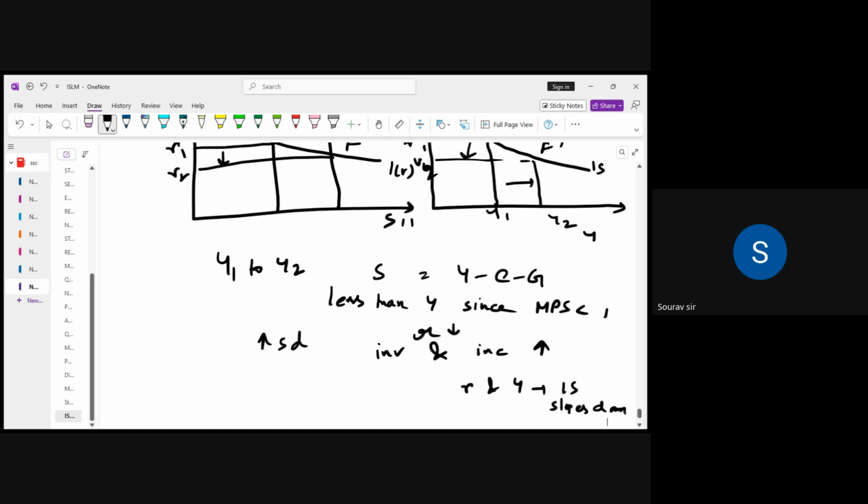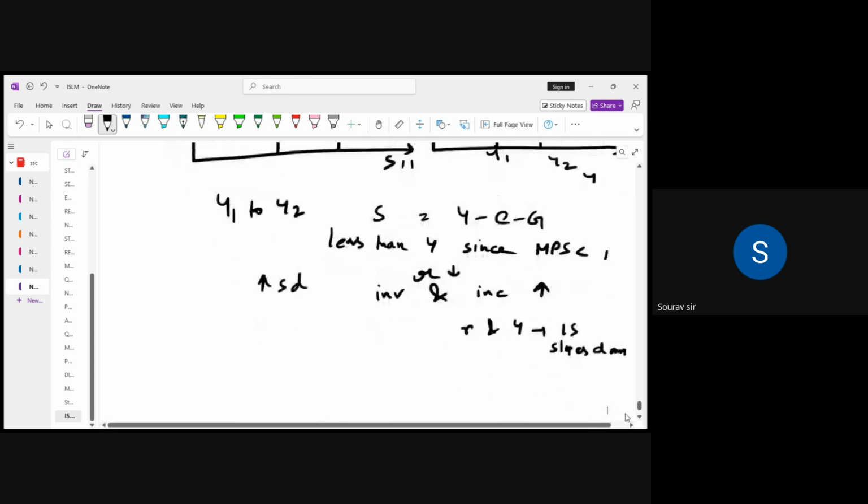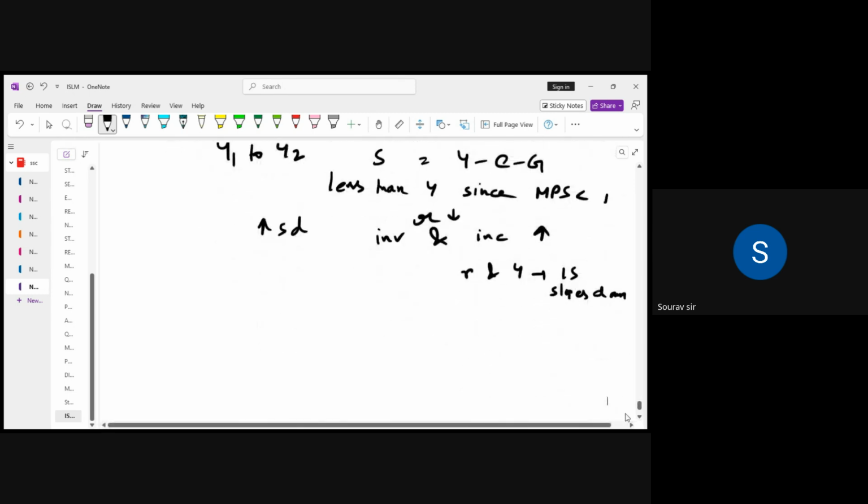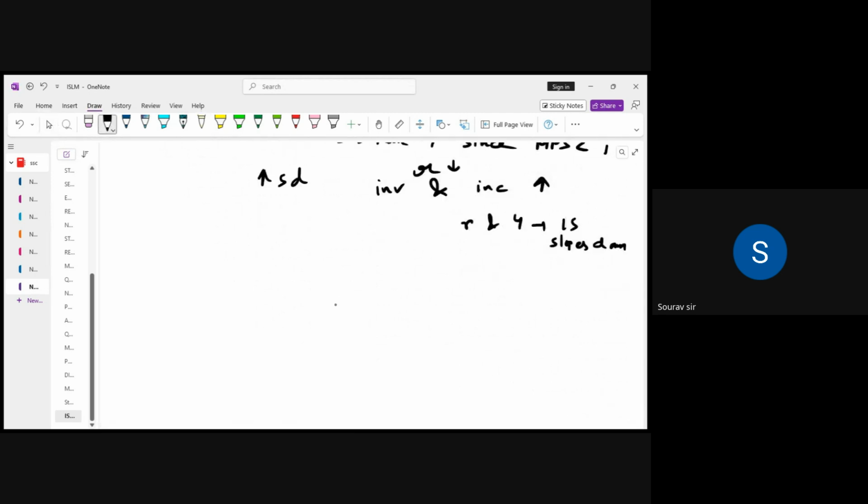Okay. So in this case, if there is a change in fiscal policy, that will also eventually shift the IS curve. If G increases or T falls, then S will also fall.